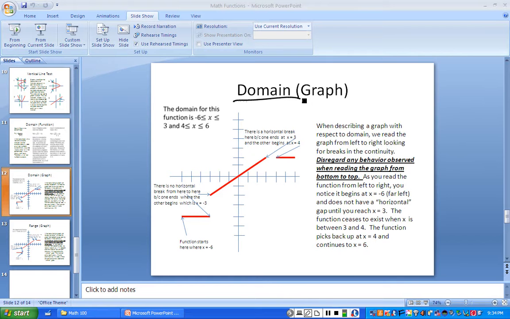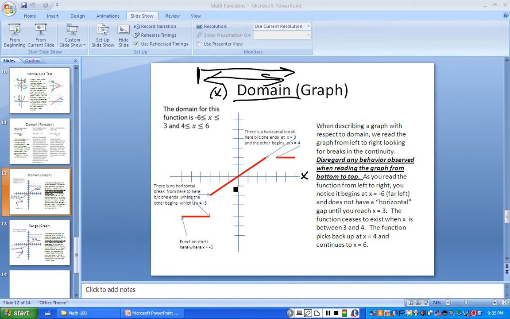If we're wanting the domain, remember domain is x. X is domain, so x is horizontal, right? X is the horizontal axis. So what you want to do when you're talking domain is start at the farthest left and work your way right. And again, my graph is in red.